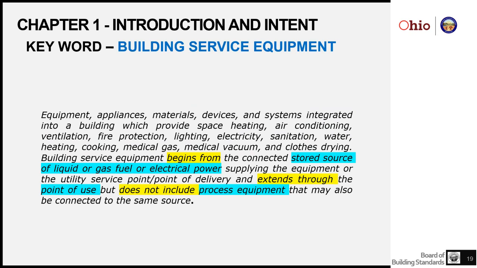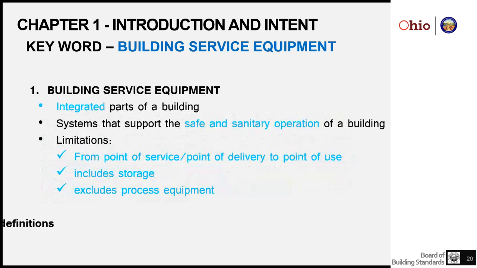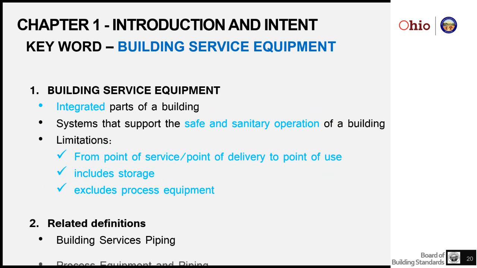It also helps to define this by saying it does not include process equipment, which is another defined term, but we're not going to necessarily talk about it. It is related. So once again, building service equipment is integrated parts of the building. It supports the safe and sanitary operation of the building, and it does have limits.